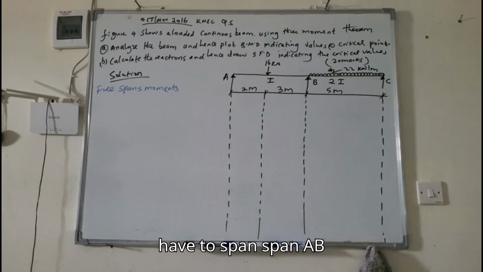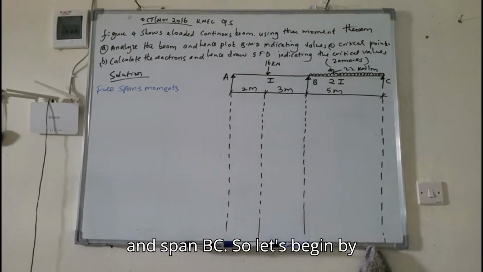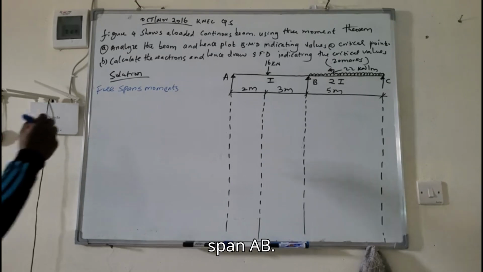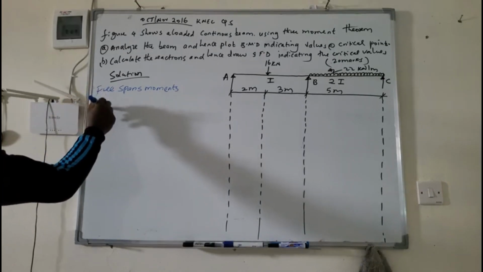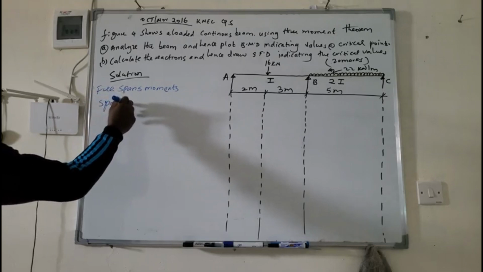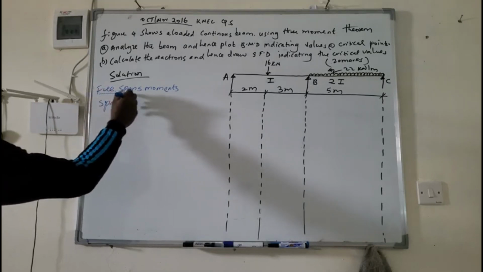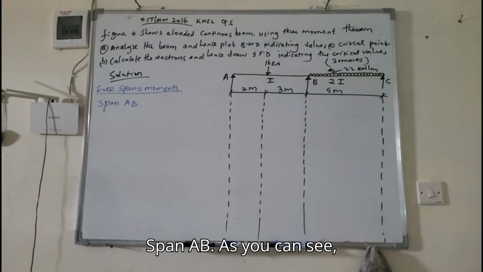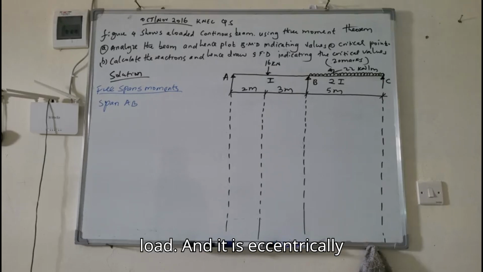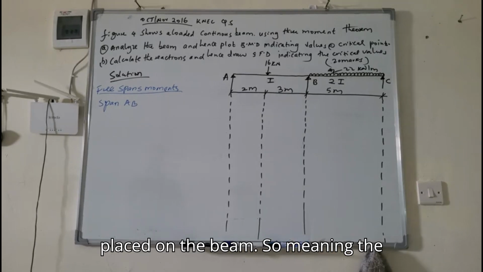We have two spans, span AB and span BC. Let's begin with span AB. As you can see, span AB is loaded with a point load, and it is eccentrically placed on the beam.